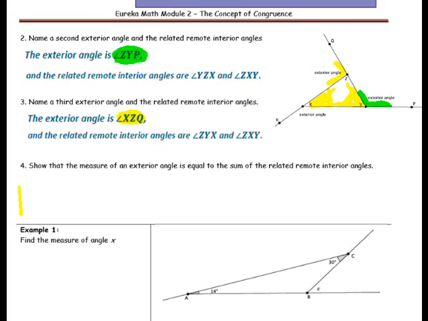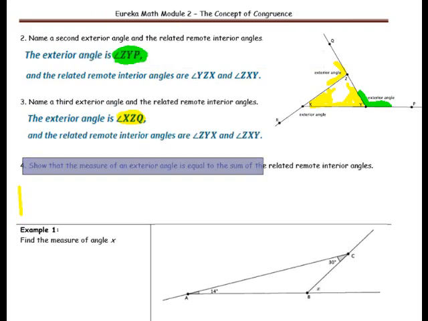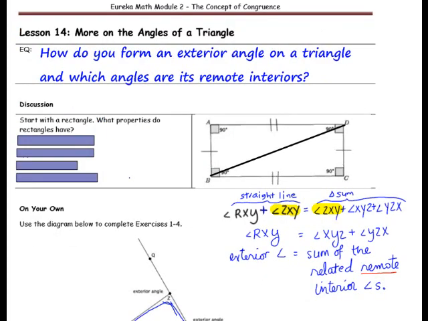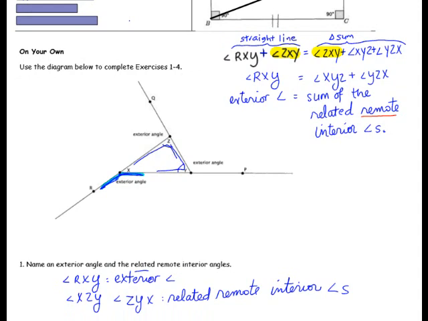Then we have question 4. Show that the measure of the exterior angle is equal to the sum of the related remote interior angles. So what we're going to do is we're going to show again where we did this here. We showed that the exterior is equal to the sum of the related remote interiors.